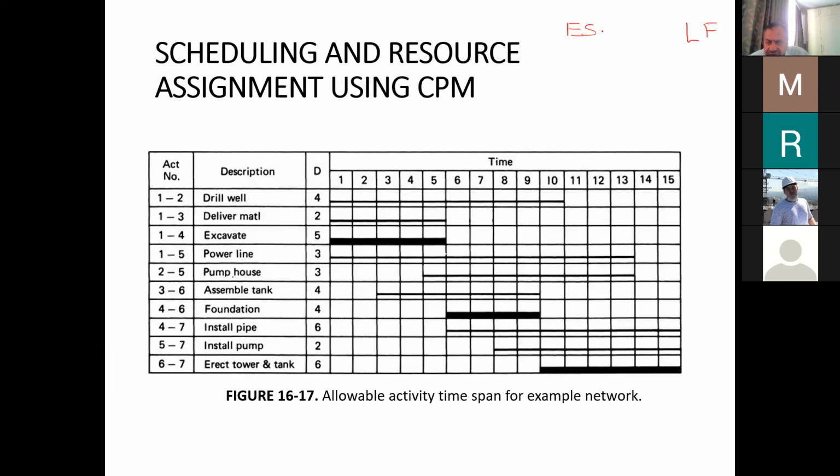If we have the early start, then we can calculate the early finish by just adding the duration. If we have the late finish, then we can calculate the late start by subtracting the duration. Anyway, we have represented all the activities in the project by the early start and late finish dates, so that we can say that we have this much freedom in those activities.